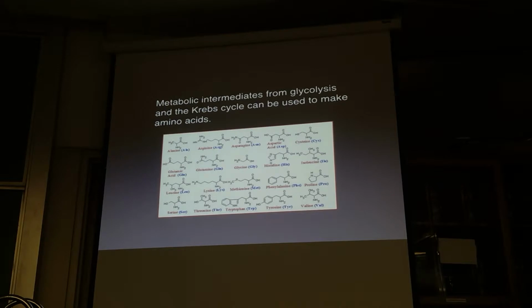And if you look at some of the intermediates, some of them come from the glycolysis pathway and others come from the Krebs cycle. You pull those individual organic compounds out, you stick amino groups onto them, you can make amino acids. So here are the 20 different amino acids that are typically used to make protein. They're just modifications of organic compounds.